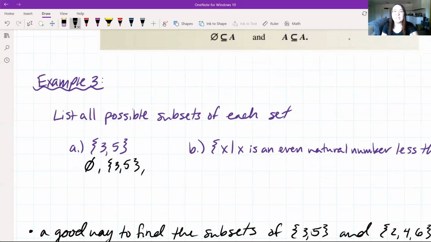But now we kind of have to break it down by element. So 3 is contained in our set, so the set of 3 would be considered a subset of our set of 3 and 5. And same goes for 5. So we have our empty set, our set of 3, 5, so our original set, our set of 3, and our set of 5.